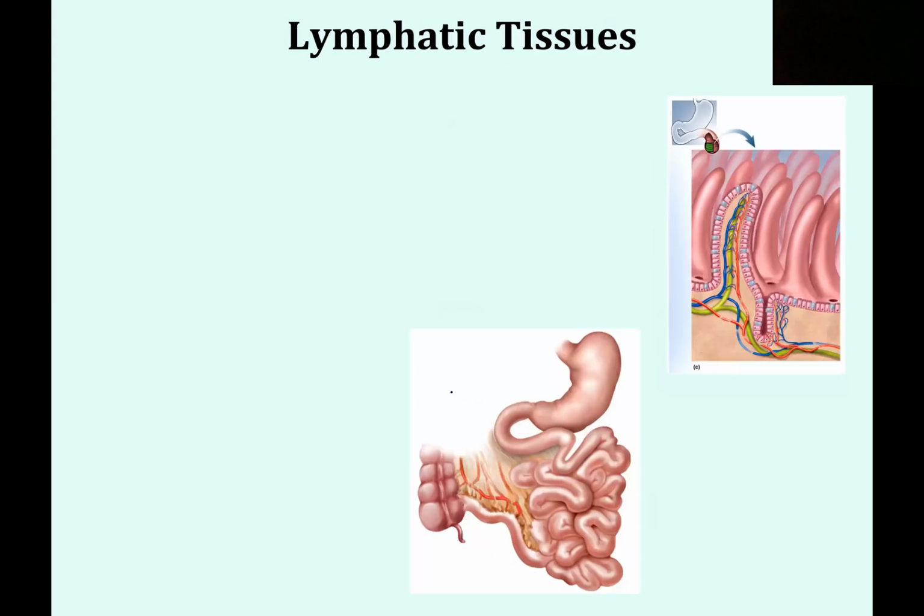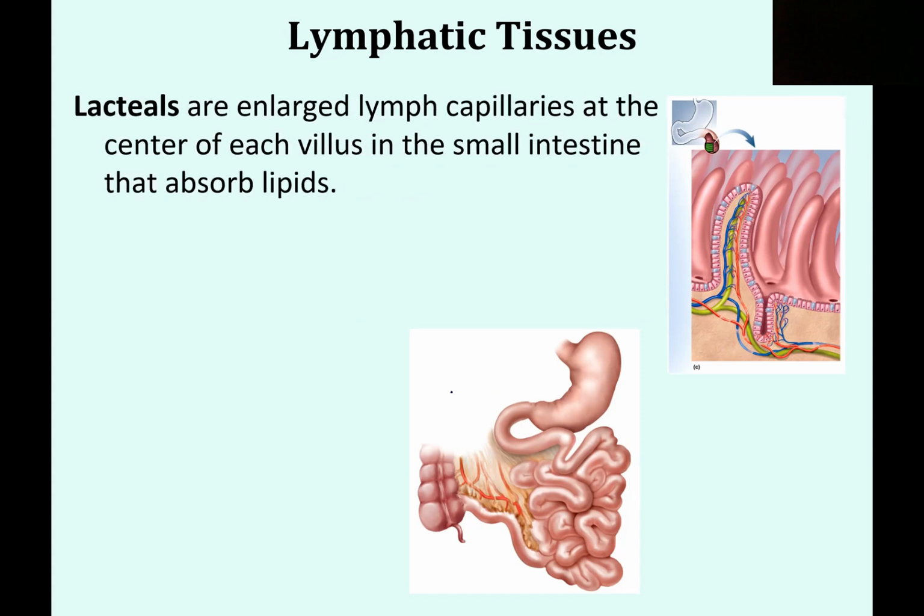Then we have lymphatic tissues. The lymphatic tissues are embedded in different organs. These first two, and these pictures are from chapter 25. All right, so lacteals are enlarged lymph capillaries at the center of the villi in the small intestines.